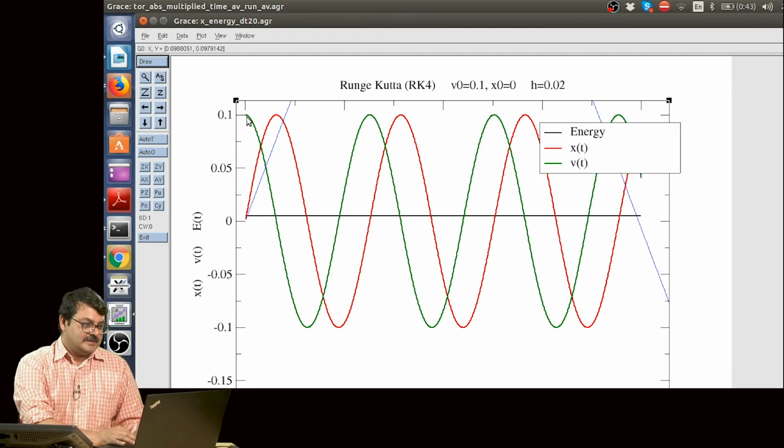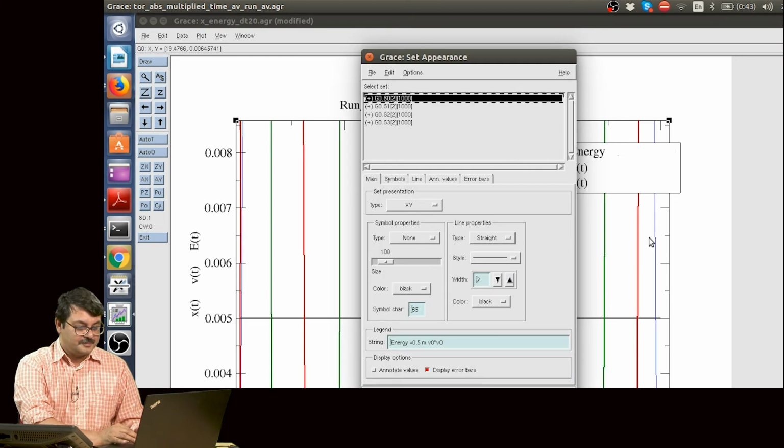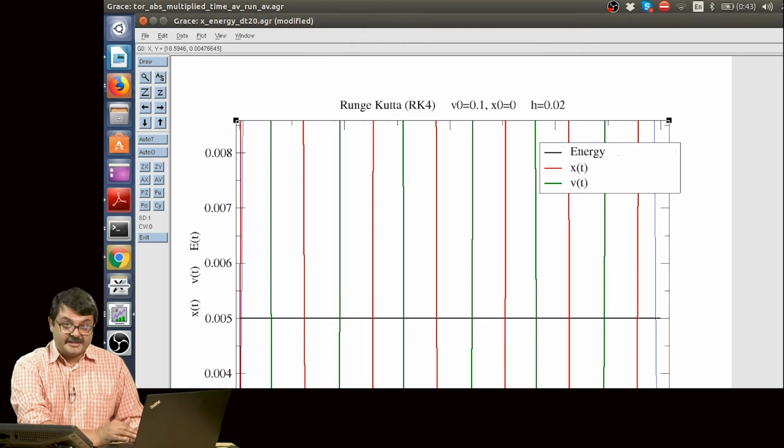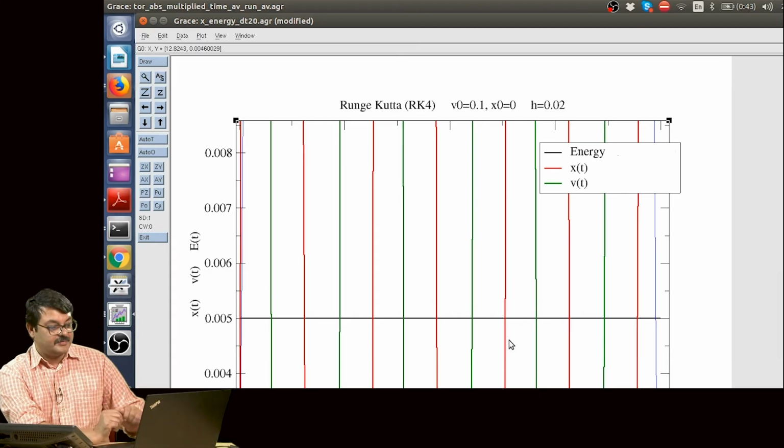What do you see? Well, especially if you blow up the energy, even with this larger value of h equal to 0.02 over the range, the energy is perfectly within the range that we are looking at, compared to Euler.